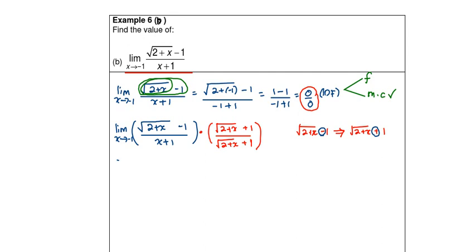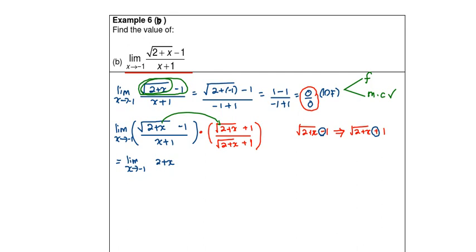Equal to limit x approaches -1. Square root 2 plus x multiply with square root 2 plus x, we get 2 plus x.